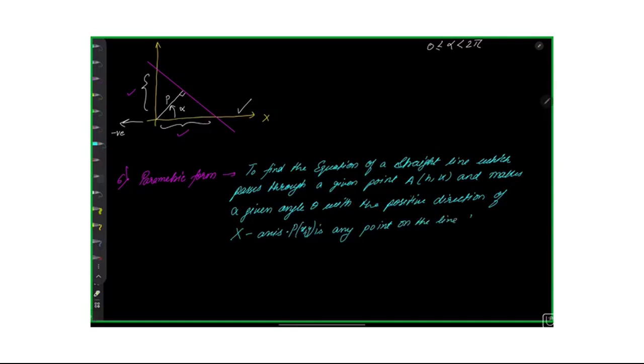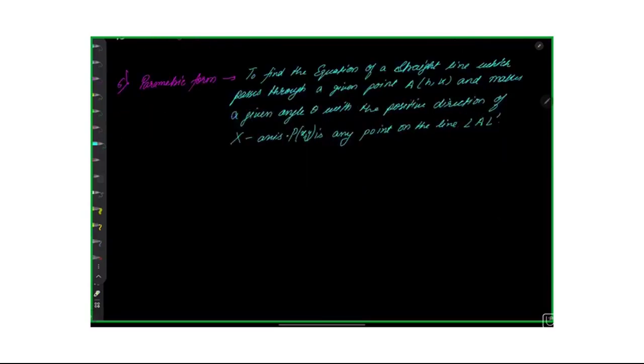So we'll make the diagram right now. The axes are y-axis, x-axis. There is a line, right? LAL dash or L dash AL, anything. This is just the nomenclature of the line, where A is the point h comma k, right? And it says it makes an angle theta with the positive x-axis, right?